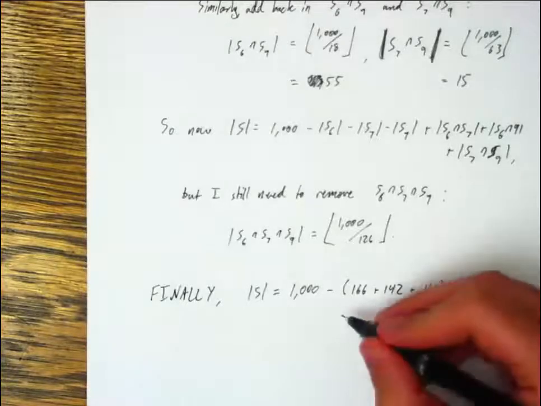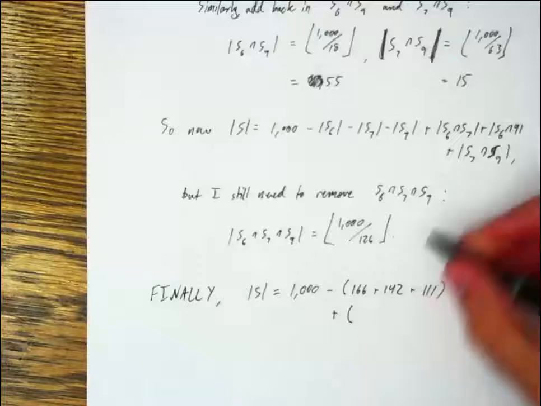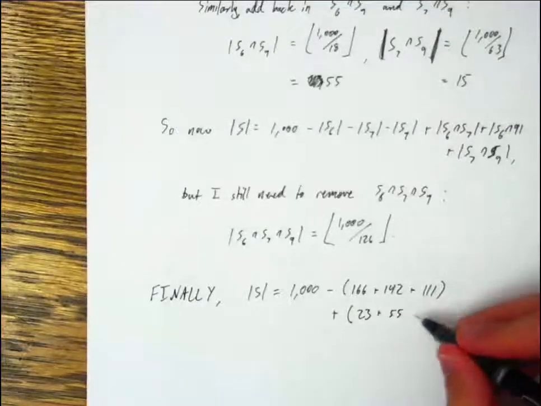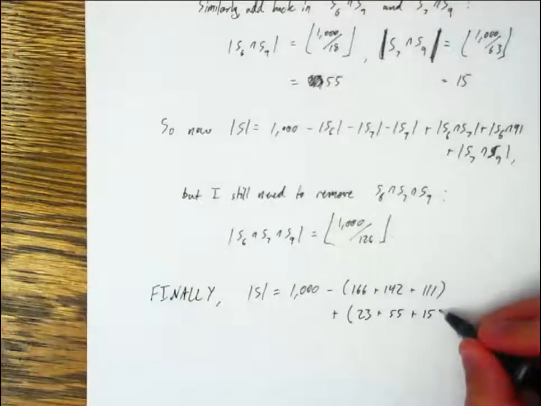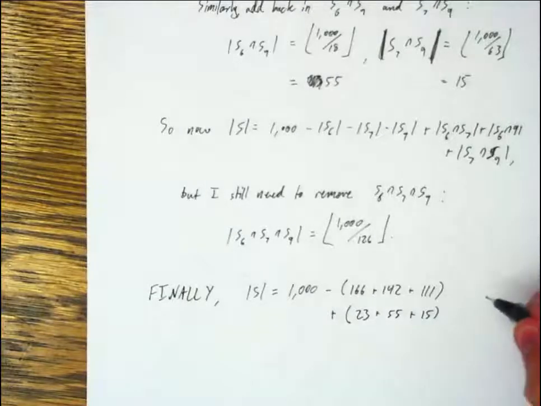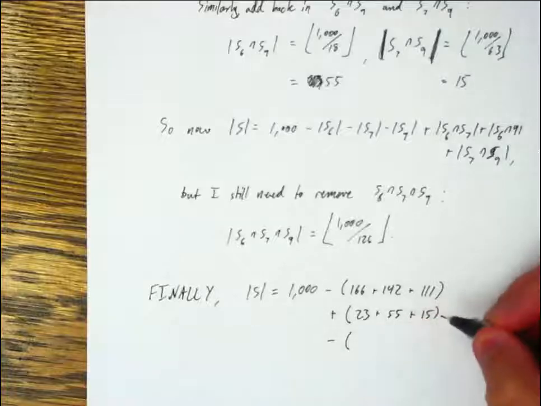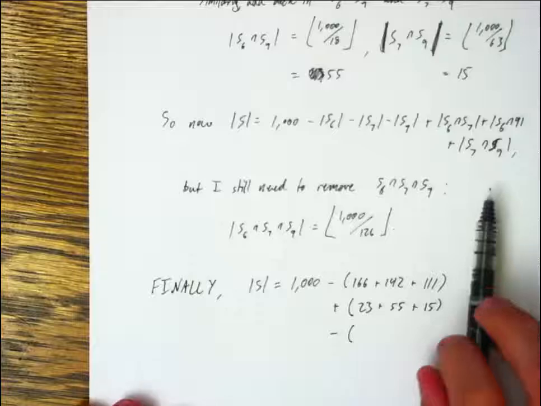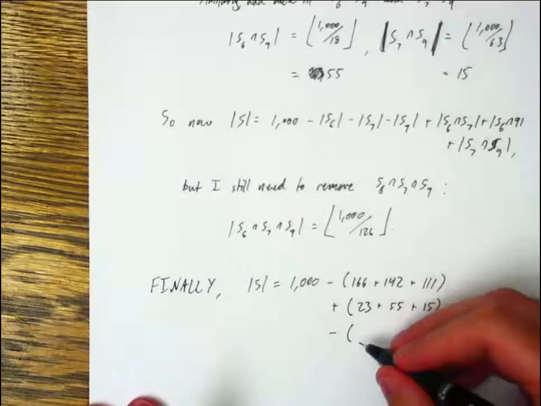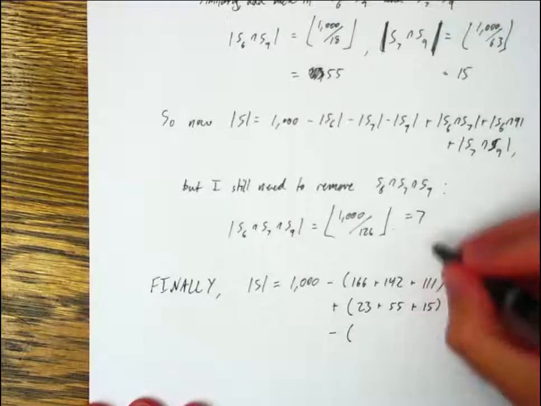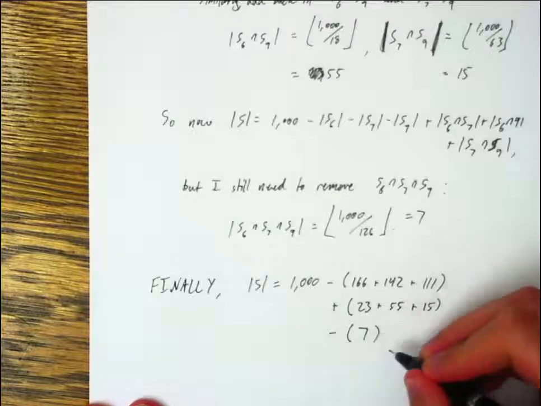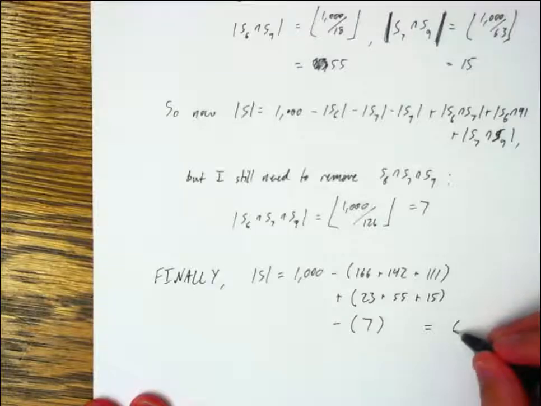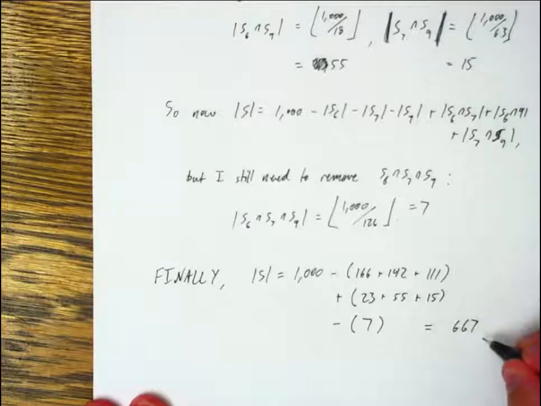But I took out too many things, so I add back in the 23 from 6 and 7, the 55 from 6 and 9, and the 15 from 7 and 9. But then I added back too many on that triple intersection, because there are things that belong to each pairwise intersection, and those number 7. All right, and that means that the final count here is 667.